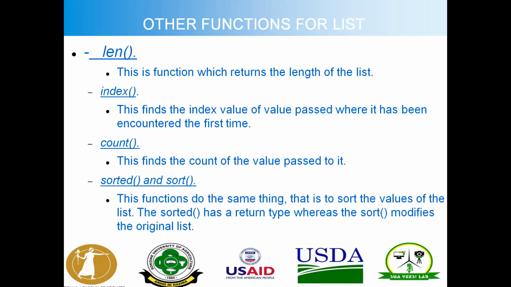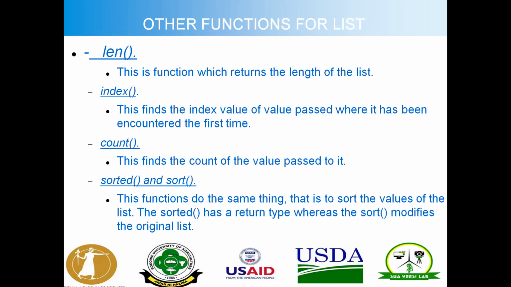There is a count function. This one counts the value passed to it, so it will count how many times that value exists in that specific list. There are the sorted and sort functions. These two functions perform the same task, but the difference is that sorted has a return type, whereas sort just modifies the original list.